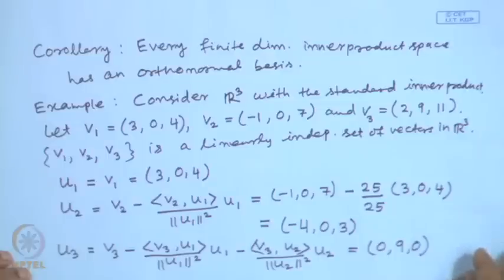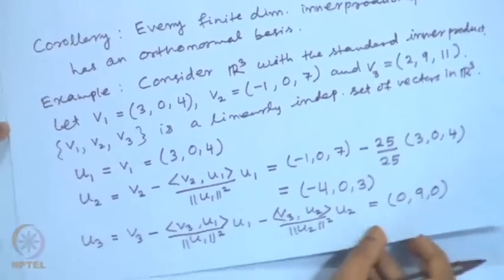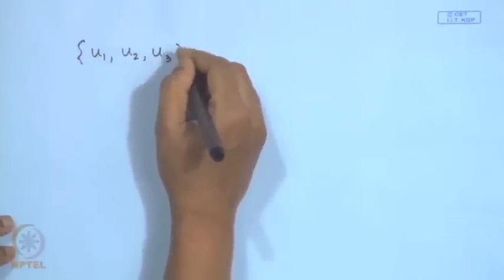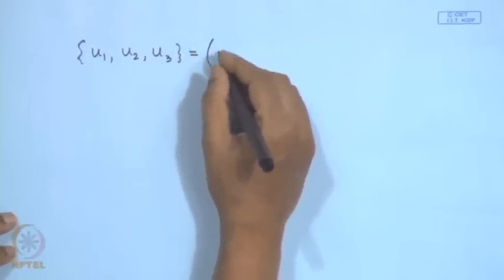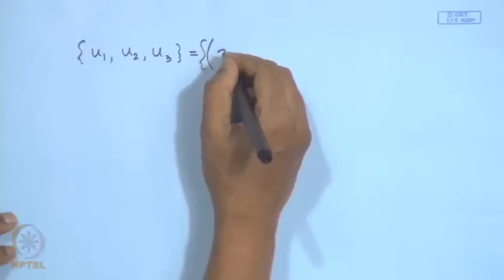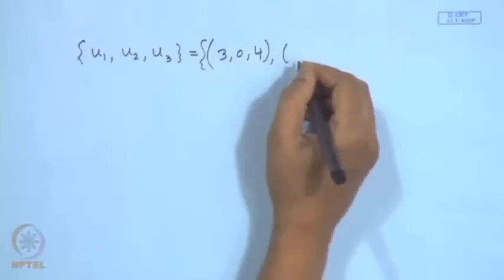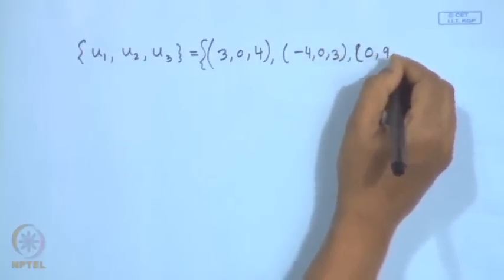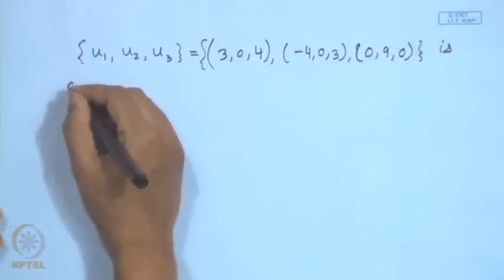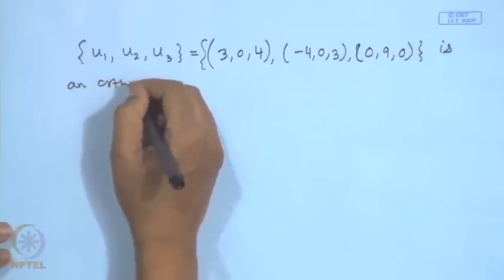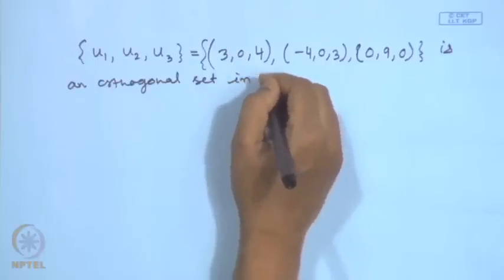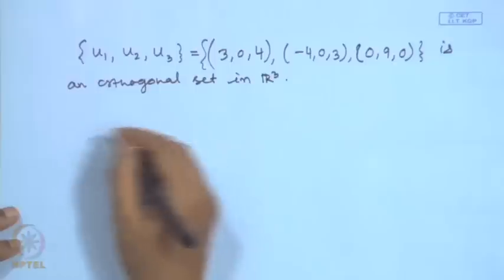So, on applying the Gram-Schmidt orthogonalization process, we get u1 u2 u3, that is the vectors (3, 0, 4), (-4, 0, 3) and (0, 9, 0), an orthogonal set of vectors in R3 with respect to the standard inner product in R3.